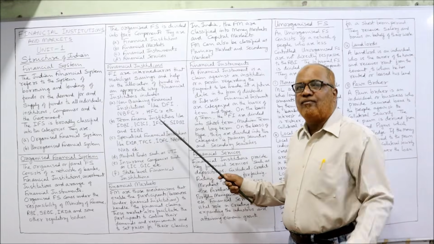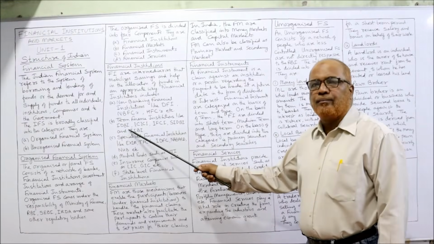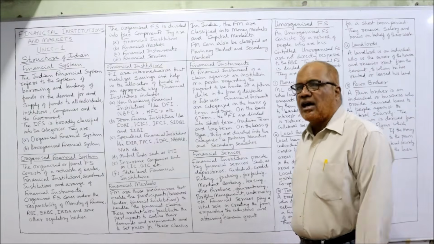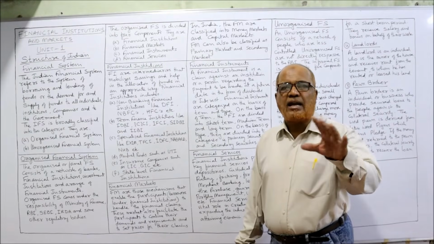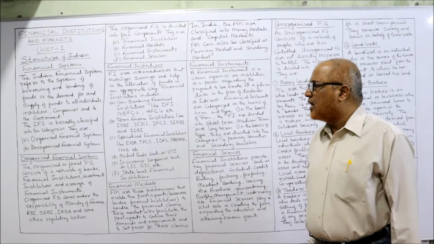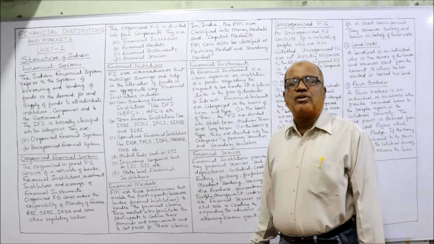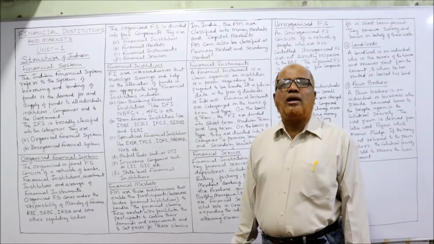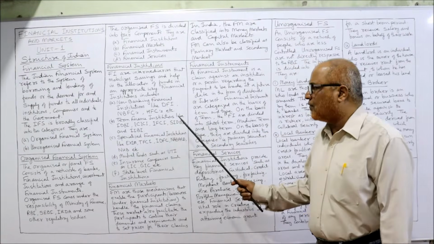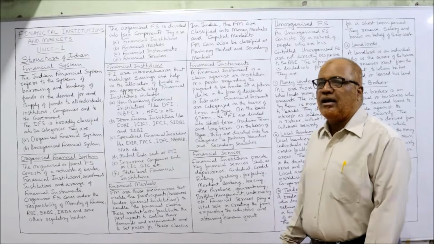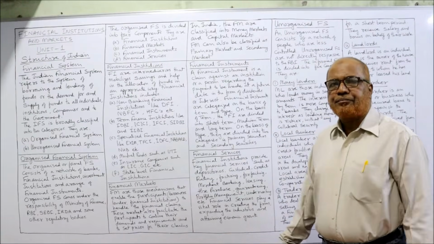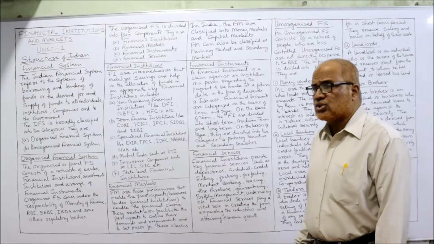They will give long-term funds, like IDBI, Industrial Development Bank of India, ICICI, Industrial Credit and Investment Corporation of India, IFCI, Industrial Finance Corporation of India, SIDBI, Small Industries Development Bank of India, and IIBI, Industrial Investment Bank of India. These are the term financial institutions.